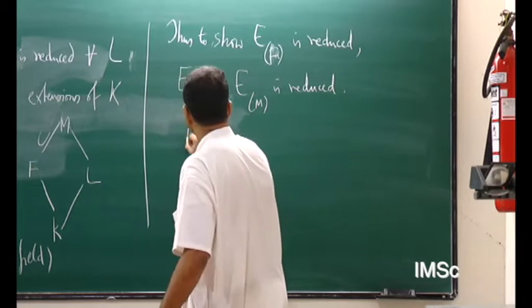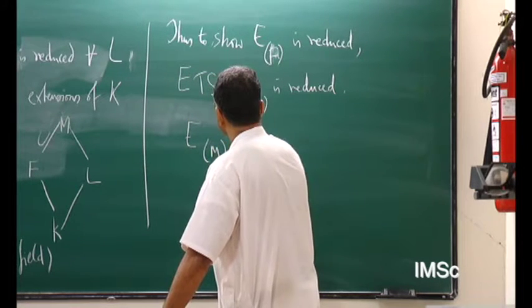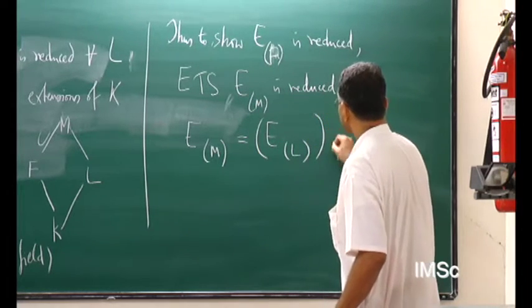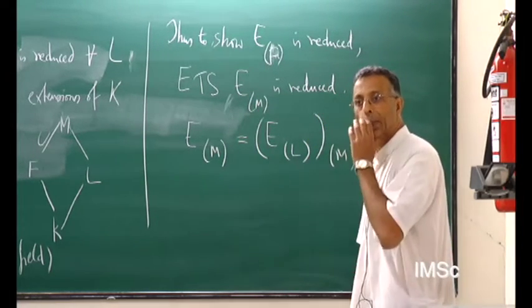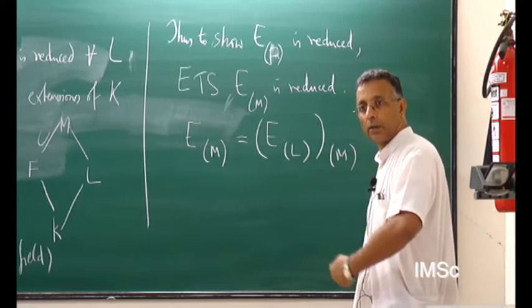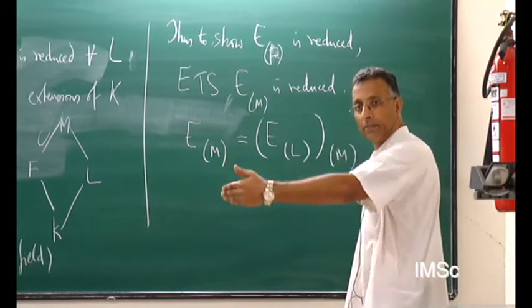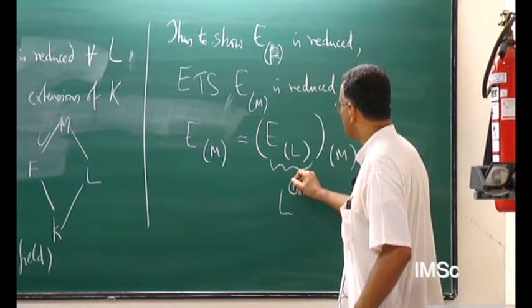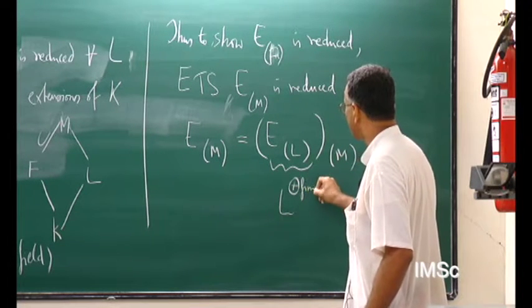But what is EM? EM you can write as EL and then M, because I can tensor with L and then tensor with M. Okay. Now, when I tensor with L, this becomes L direct sum finitely many copies.